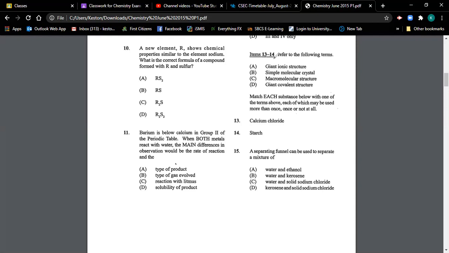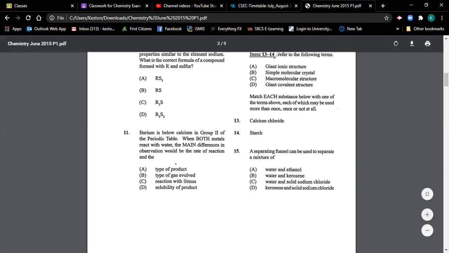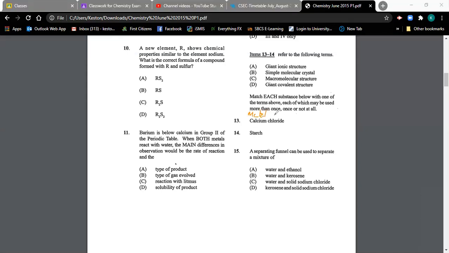Calcium chloride. That's actually a giant ionic structure as a metal and a non-metal. So this gives us ionic bonding, and that's a giant ionic structure.